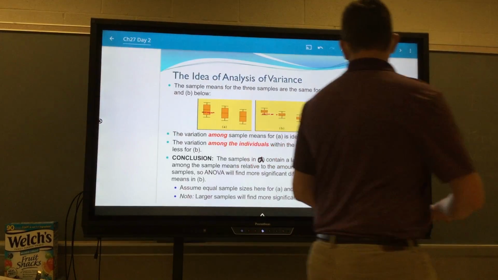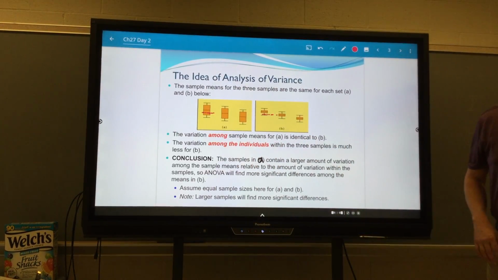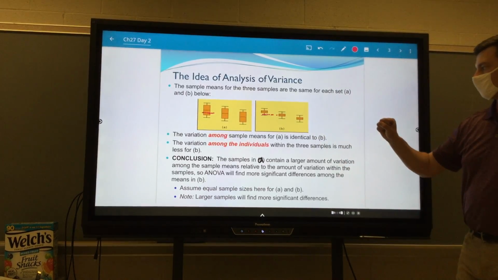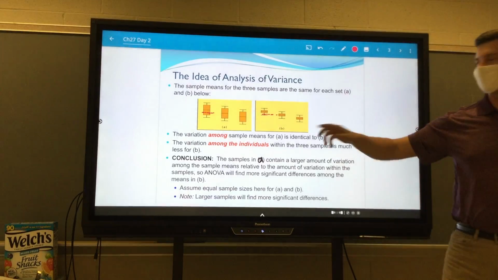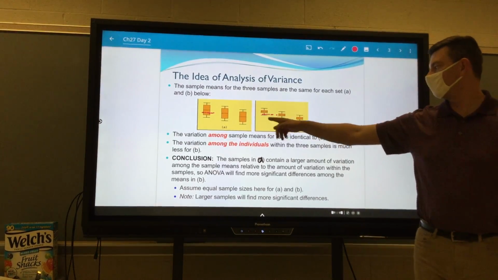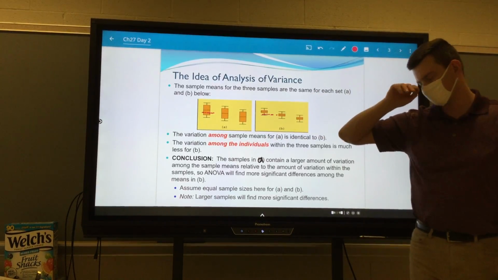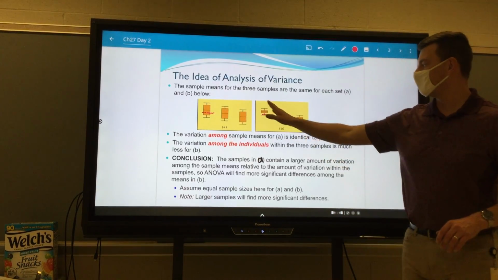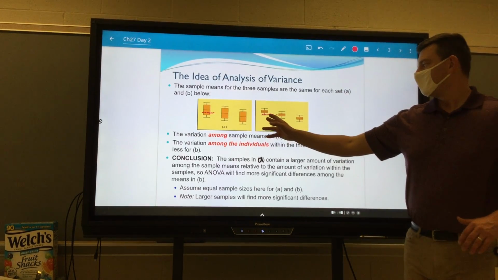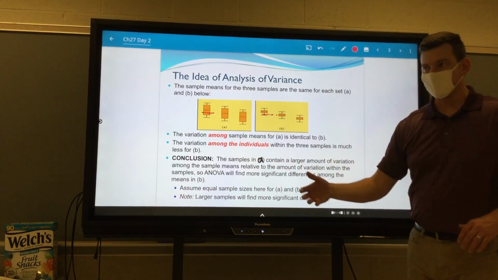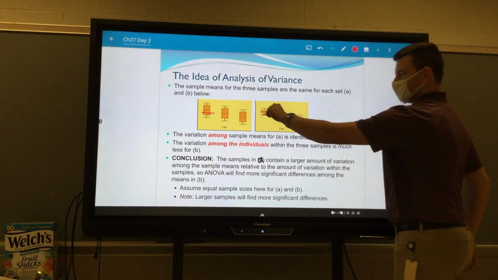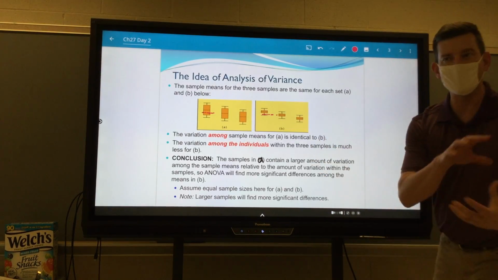But if our data looked like B, and everything is very condensed right around the center, so I come in with my sample that's more in line with the mean of the middle one, but it's actually a part of this first species or variety, then it would be rare for us to expect this and get something there because of that variation.